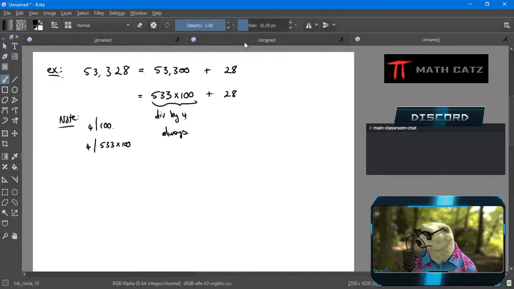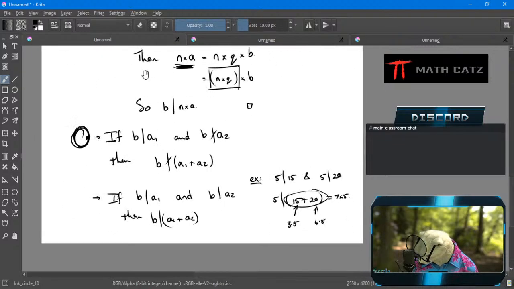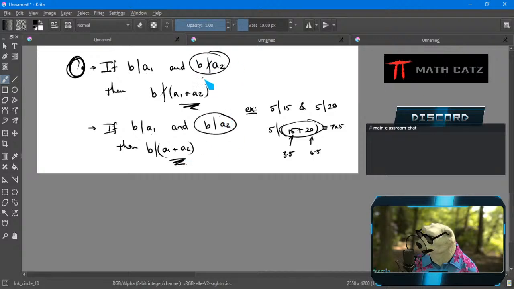So now I have a situation like the bottom property where I have divisibility with my first number. When I add them up, the divisibility of that larger number is going to depend on whether I have divisibility for the second part.